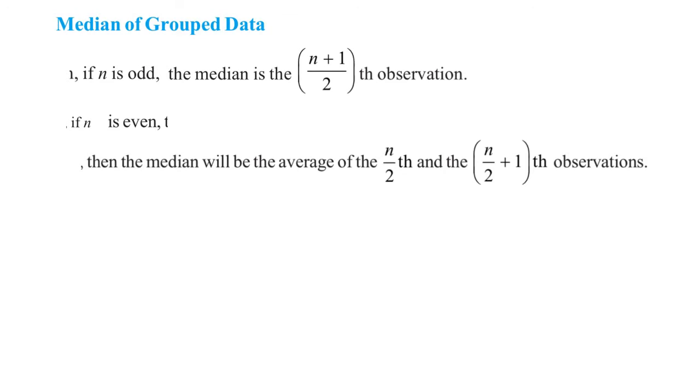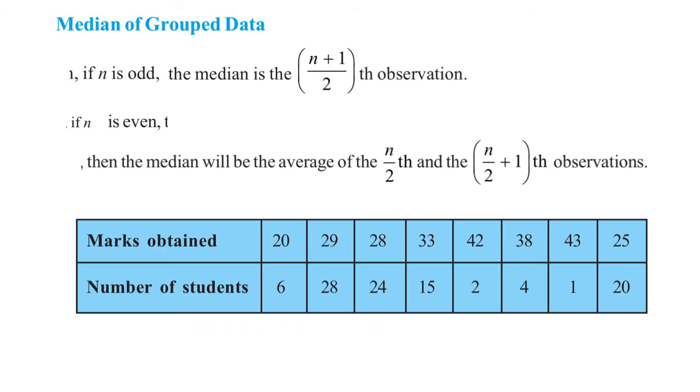Suppose we have to find the median of some data which gives the marks out of 50 obtained by 100 students in a test. Let us see how we go about doing that. This is the table of the marks obtained by the students and the number of students who obtained the respective marks. First, we will arrange the marks in ascending order and prepare a frequency table.